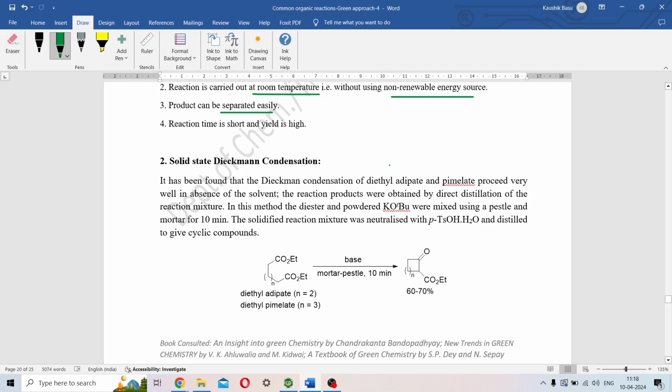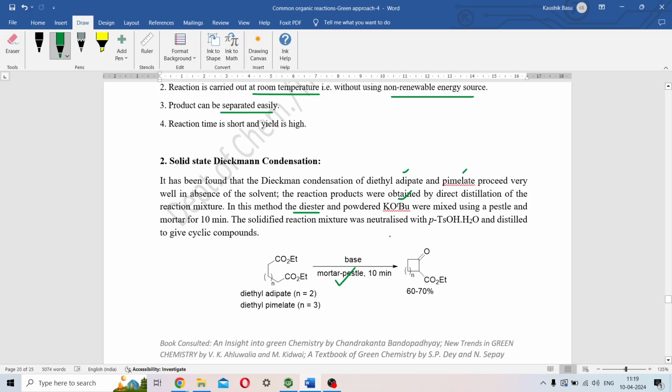So let's say we have taken diethyl adipate or diethyl pimelate and done this reaction in solid phase. This is done in a simple mortar and pestle. You take a powdered base like potassium tertiary butoxide, which is a stronger base than sodium ethoxide, and then you mix the diester, take those things in a mortar and pestle and grind it for 10 minutes, and it will become a paste, and then finally it will solidify.